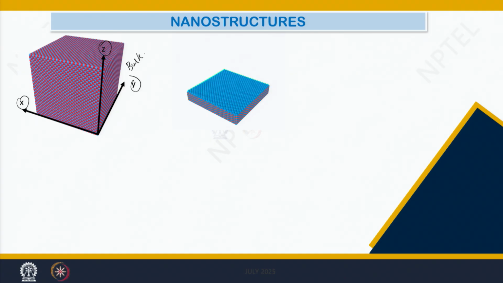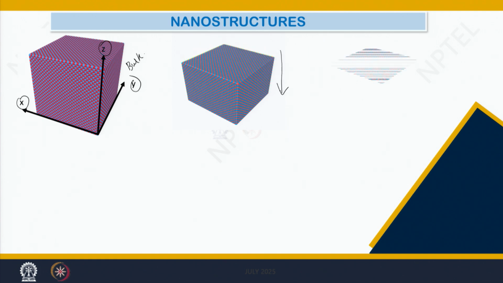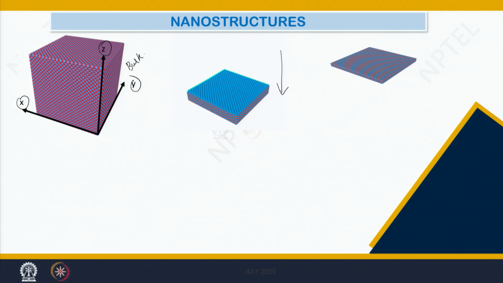Let us say we start cutting the material layer by layer from the z direction. What do you get? You are reducing the size, you get a plane like structure. In the next slide, you will see that these are called quantum well.